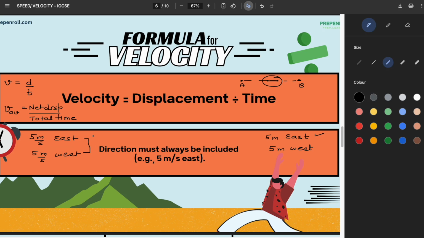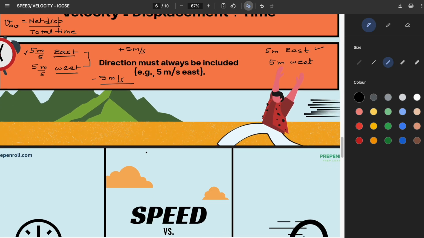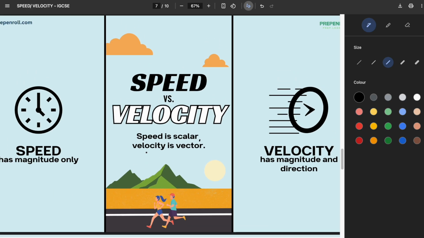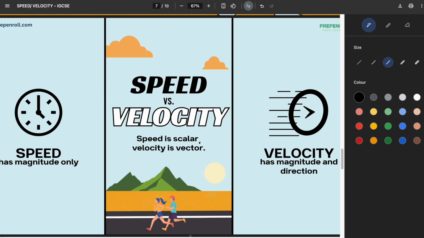No. The speed is 5 meter per second and the magnitude is the same, but as soon as you put the direction along with it, these two quantities become different, because 5 meter per second is plus 5 meter per second in the east direction, and as per the sign convention we are taking, it is minus 5 meter per second in the west direction.